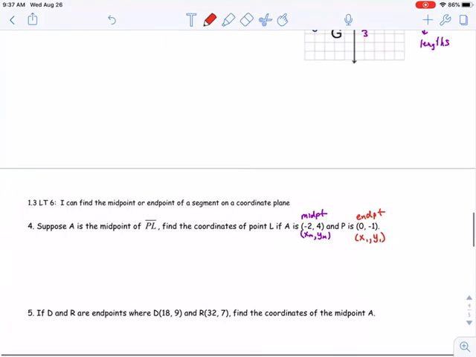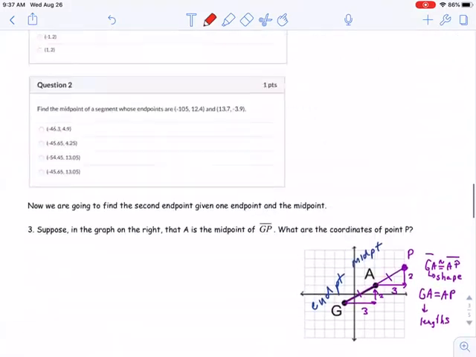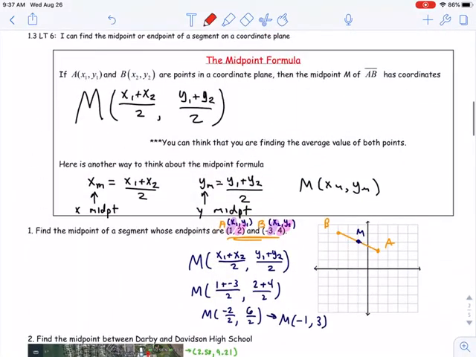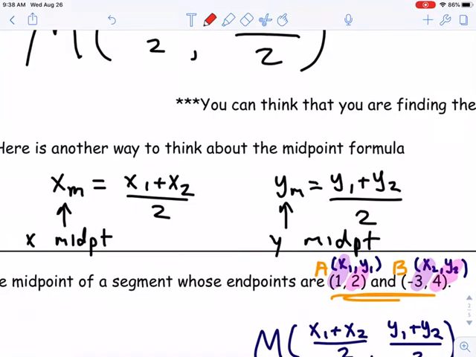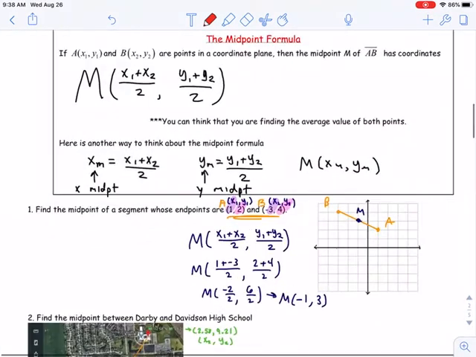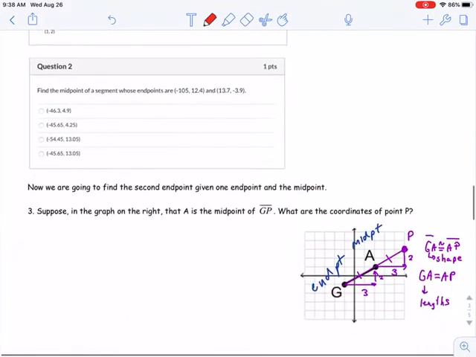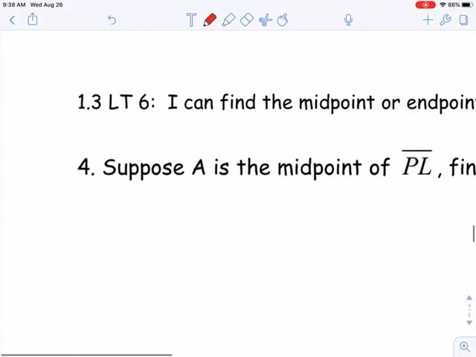But we're getting a midpoint and an endpoint. We have to find the other endpoint. We have to find the coordinates of L. And that's why we also wrote the formula like this, X sub M, so we can solve for the missing part. So I'm going to just rewrite it again down here.